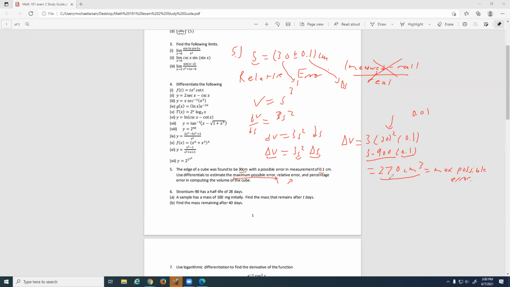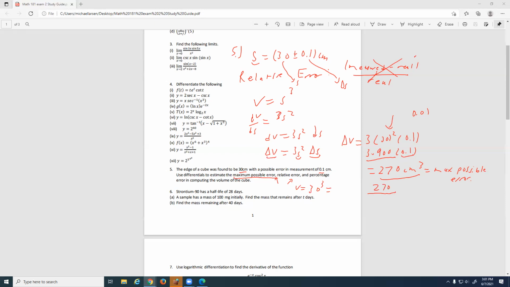If I'm interpreting this correctly, we could say that this 270 is going to be our maximum measured minus real. If we had a cube of exactly 30 centimeters, then the volume would be 30 cubed. I'm going to do that in a calculator so I don't mess up the math again.